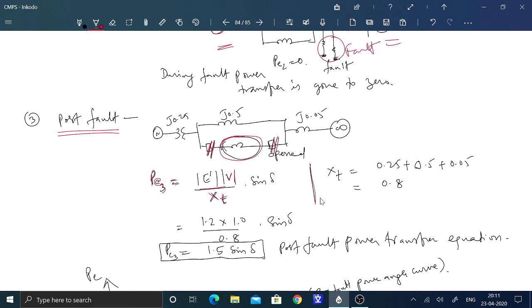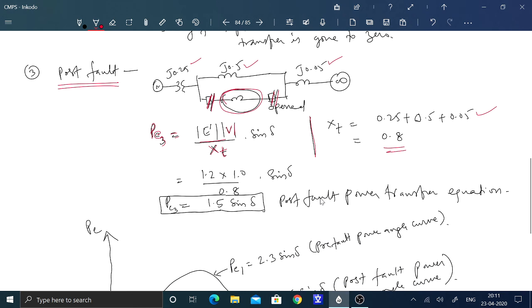Under this condition the transfer reactance is 0.25 plus 0.5 plus 0.05, so this comes to 0.8. So PE3 is equal to 1.2 into 1 divided by 0.8 into sine delta, which comes to 1.5 sine delta. So the post fault power angle equation is 1.5 sine delta.